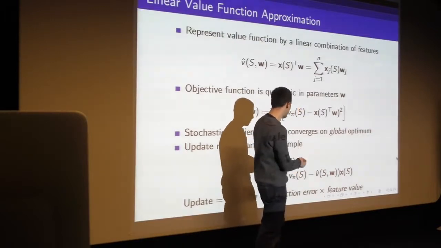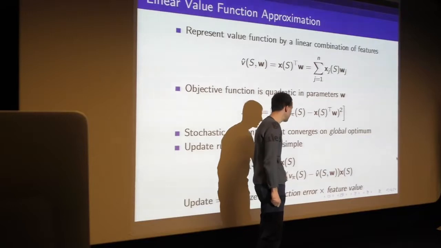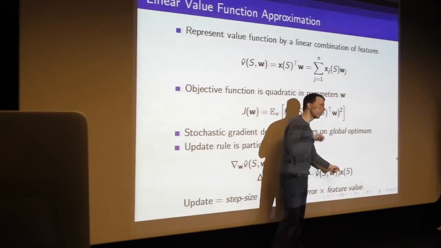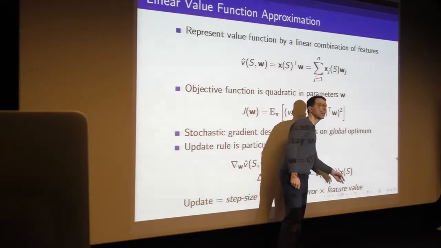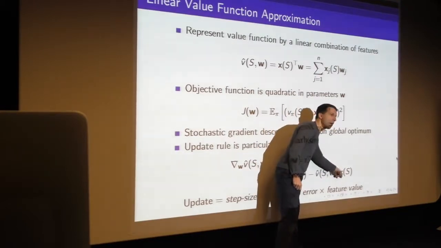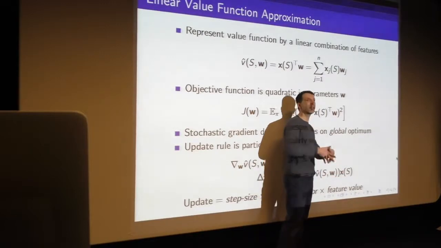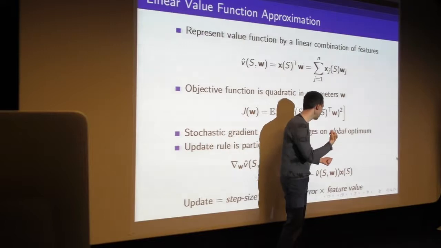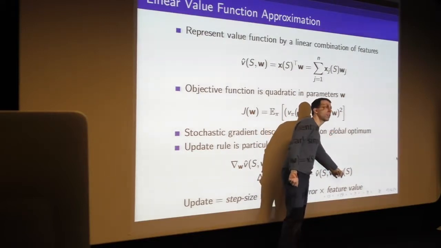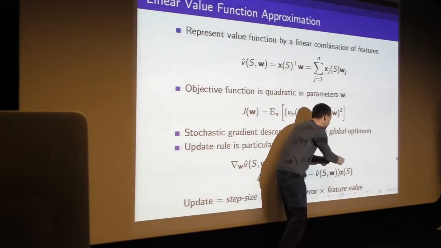And now I'm going to move a little bit, step size, in the direction of how to correct this error. And what we're going to do is look at each of the features and say, whichever one of these features is on or highest is going to take the most credit for that error which I see. So we basically adjust things by changing the weights which have the most active features.